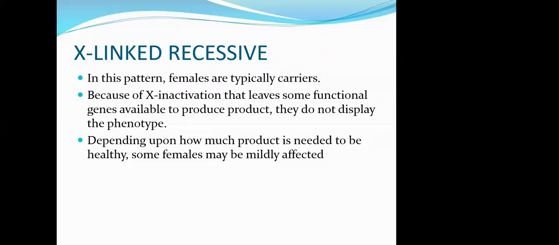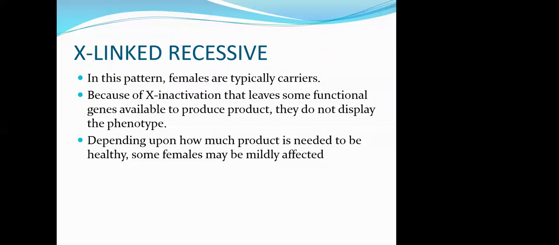So you'll find that most of these patients, because it is recessive, the females will not be affected because one of the X is already inactivated. That leaves some of the functional genes available to produce product. They do not display the phenotype.